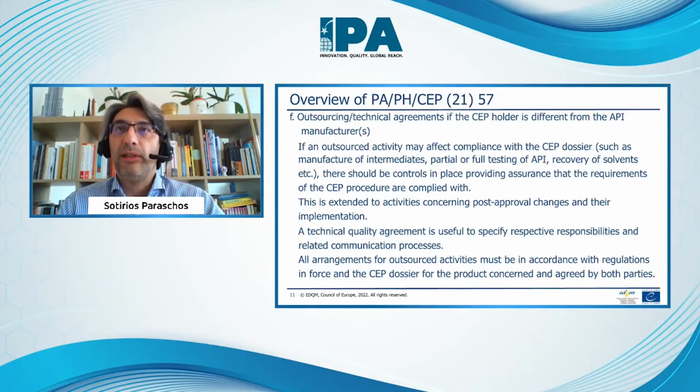So if an outsourced activity may affect the compliance with the CP dossier, such as the manufacture of intermediates or the testing of the API or the recovery of solvents, there should be controls in place providing assurance that the requirements of the CP procedure are complied with in all these cases. This, of course, is extended to activities concerning post-approval changes and their implementation. So a technical quality agreement would be useful to specify the respective responsibilities and the related communication processes.